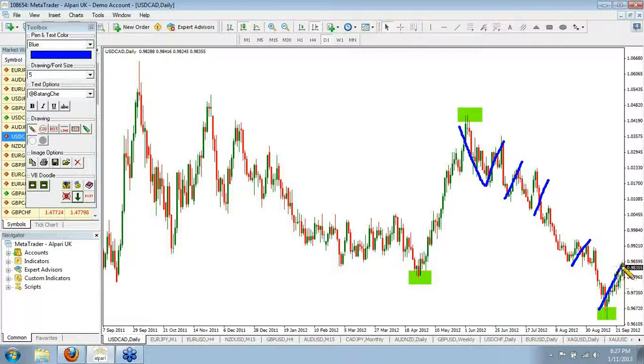At this stage, this is also considered to be a pullback. Now, if the existing downtrend is to continue, obviously price is going to continue with the existing lows. So you would be looking at price to form lower lows, which will be a continuation of the downtrend. That's what we are looking for.